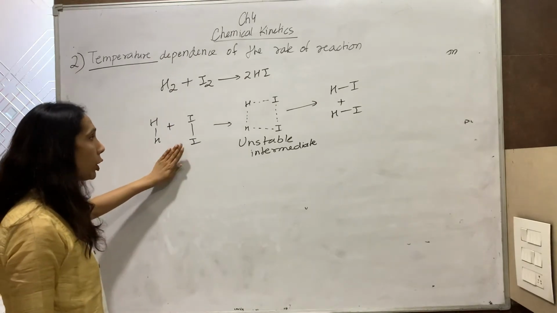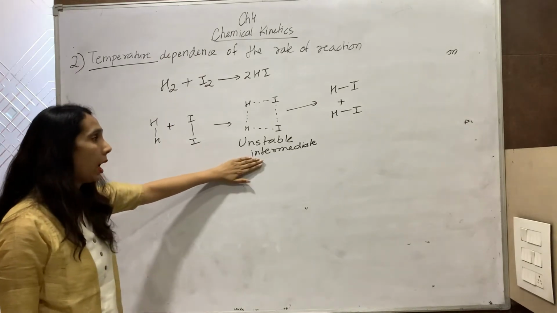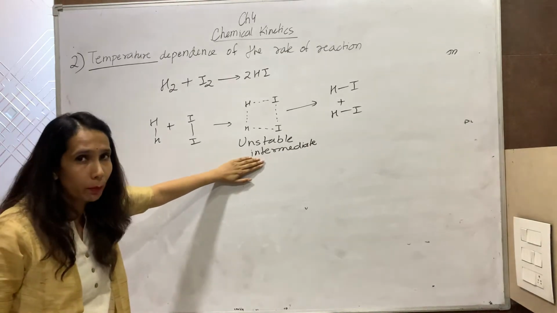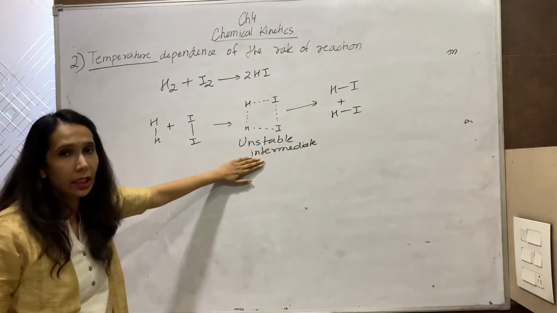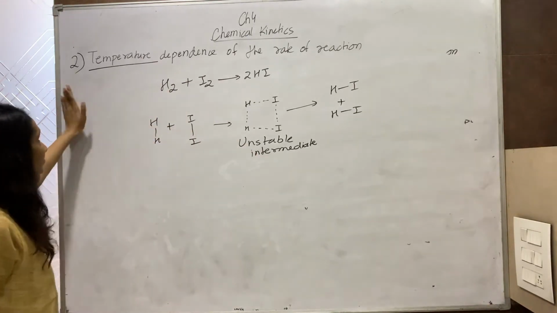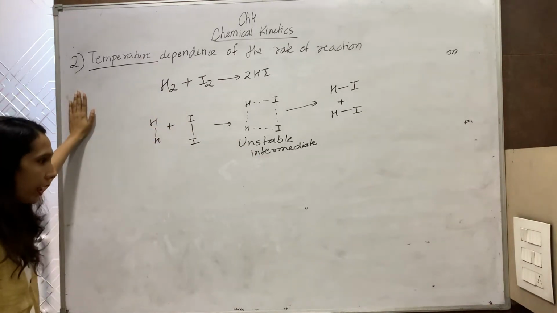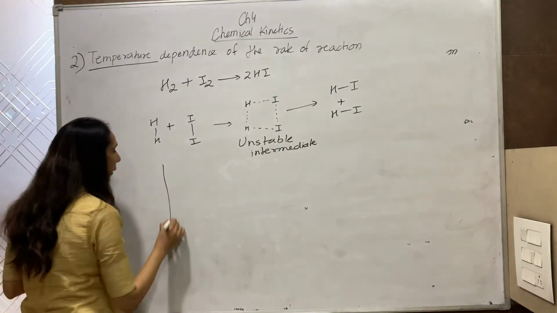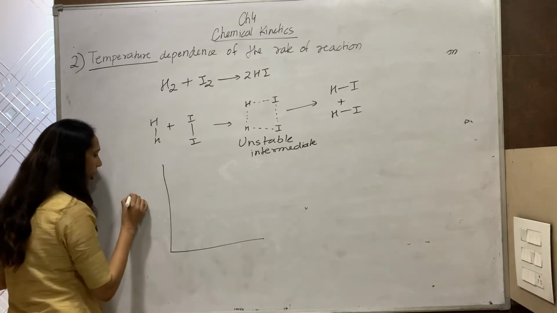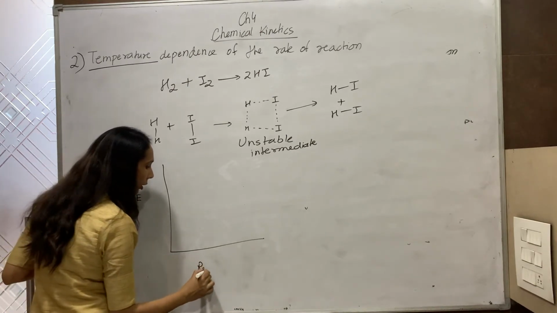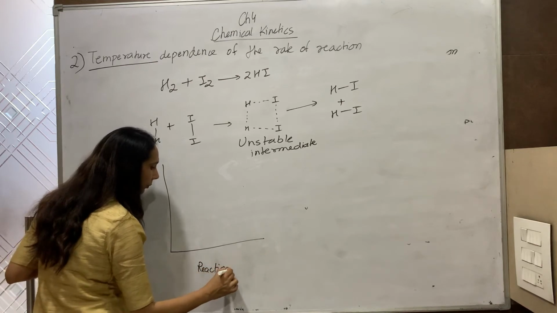The energy which is required to form this unstable intermediate, also called the activated complex, is called activation energy. Arrhenius studied the activation energy by plotting a graph between potential energy and reaction coordinate.